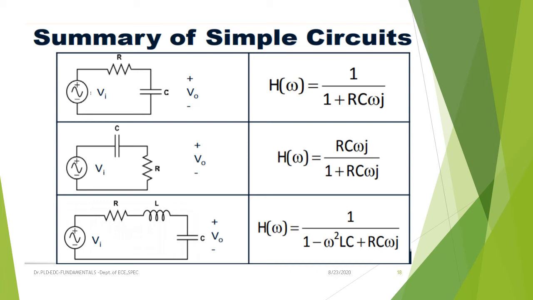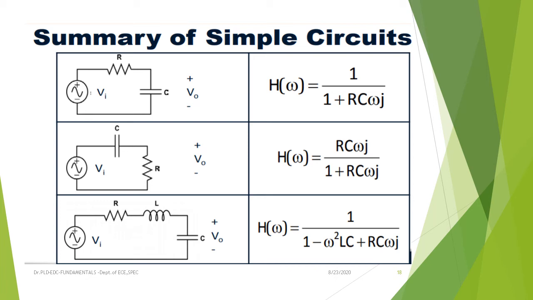So omega square means j omega into j omega, and j into j is j square, which equals minus 1. That's the reason that in the denominator we have minus omega square LC in the finalized equation of the transfer function. By applying KVL, you can evaluate H of omega.